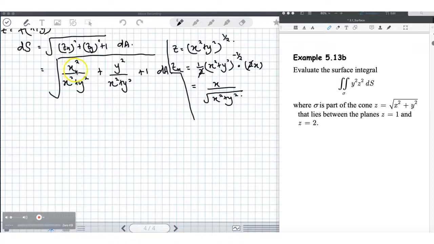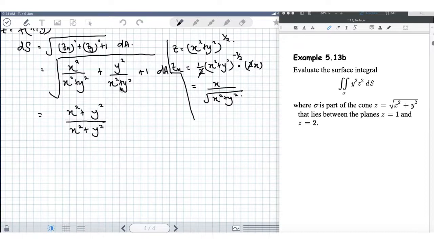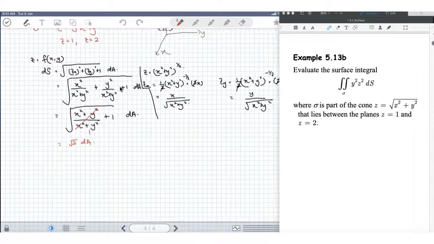So then you have x squared plus y squared over x squared plus y squared, plus 1. Don't forget the square root and dA. So this one will give you 1, right? So you have square root of 2 dA. So that is your dS.